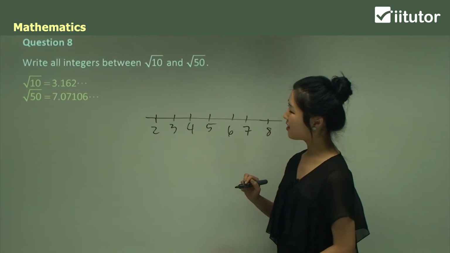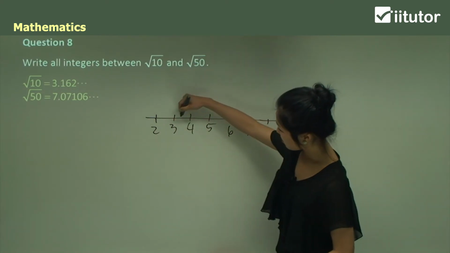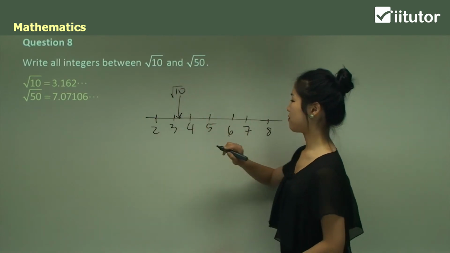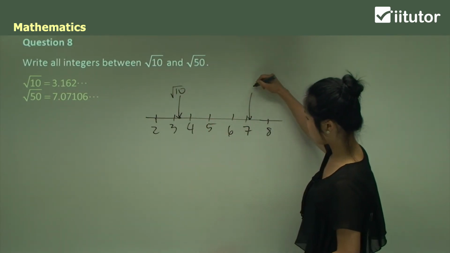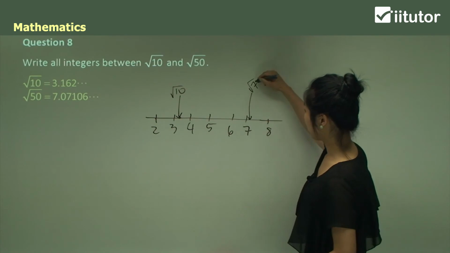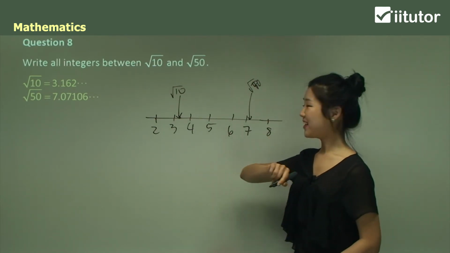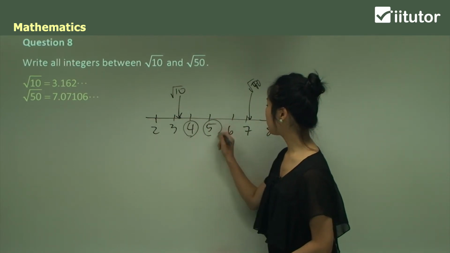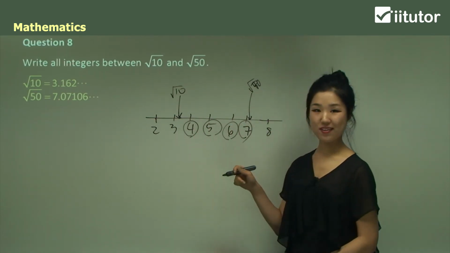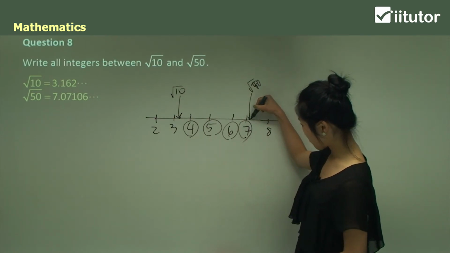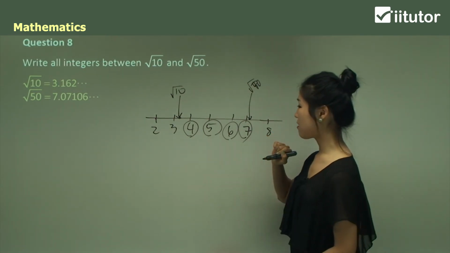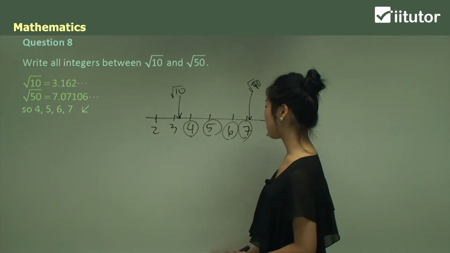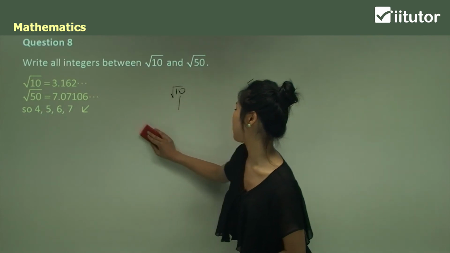And root 10 is 3.16, so it's over here somewhere. That's root 10. And root 50 is 7 point something, so it's over here somewhere. Oh, sorry, 50. What am I doing? Sorry. Okay, so the integers between these numbers are 4, 5, 6, and 7 as well, isn't it? Because root 50 is slightly to the right of 7. So therefore, 4, 5, 6, 7 are the solutions. Okay, so again, draw yourself a little number line and you can see the answer really straight away.